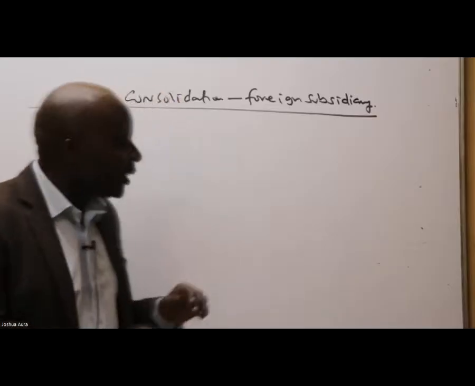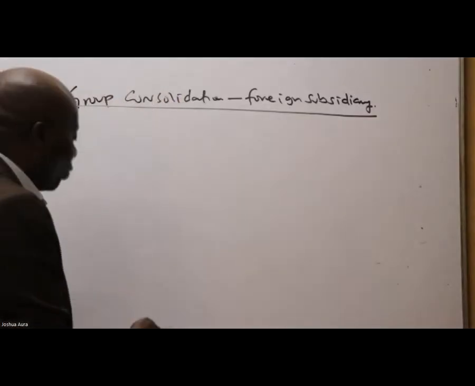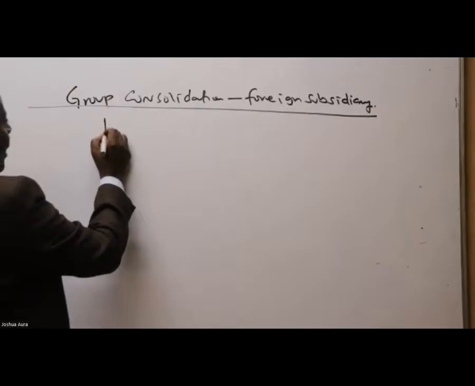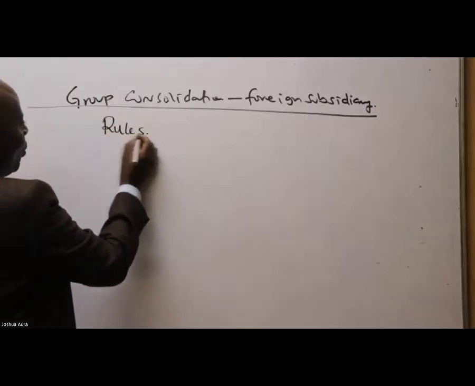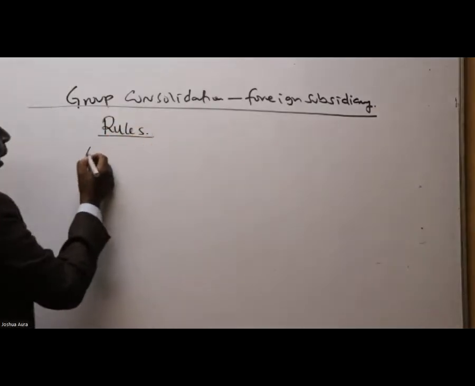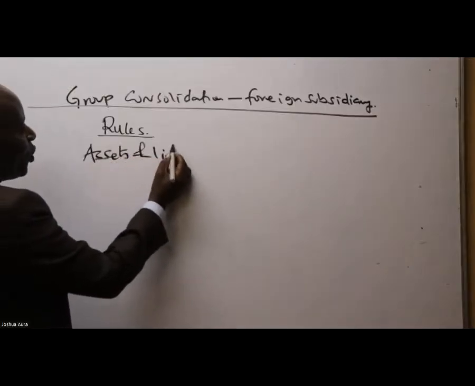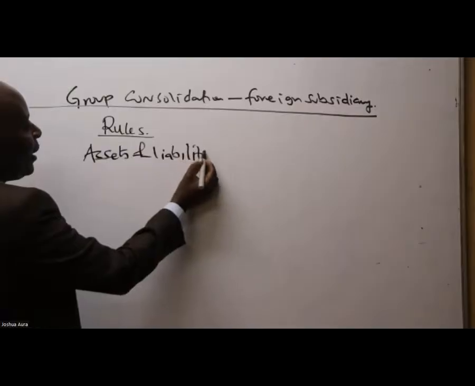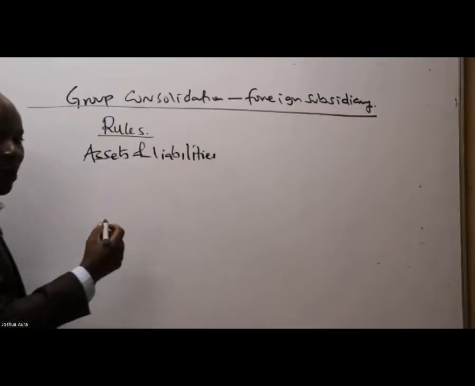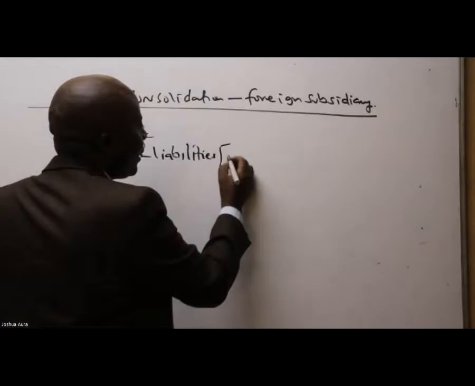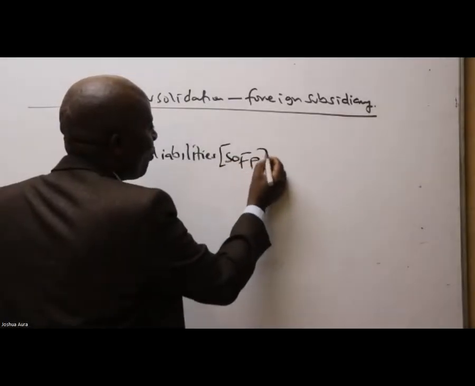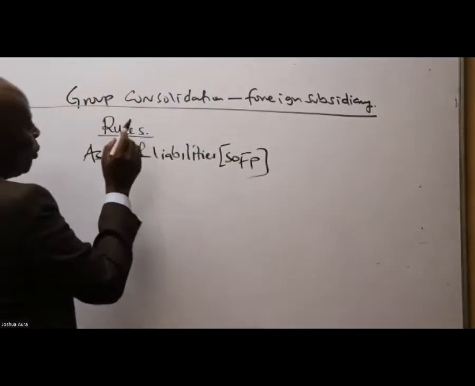Now, when we are translating, what rules are we supposed to remember? The basic rules: assets and liabilities. Where are these found? These are found in the statement of financial position. Remember, these are rules of translation.